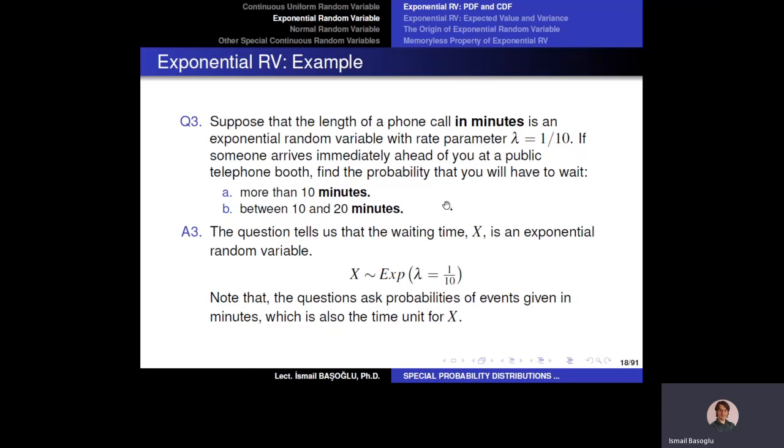Okay, so because of that reason, we do not need to be careful about anything, but there may be some tricks in such questions. The random variable may model the duration in minutes, however, the question may be asked in hours, so we need to be very careful about converting the time units here. Okay, so either we convert the time unit of the random variable to the time unit that is asked in the question, or vice versa.